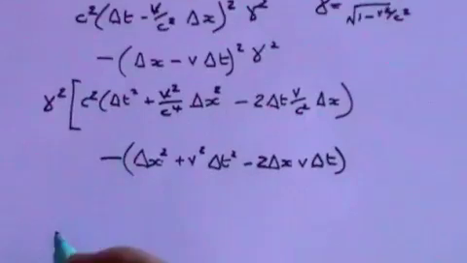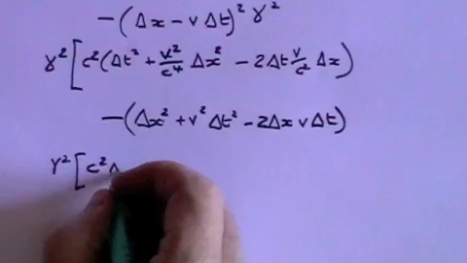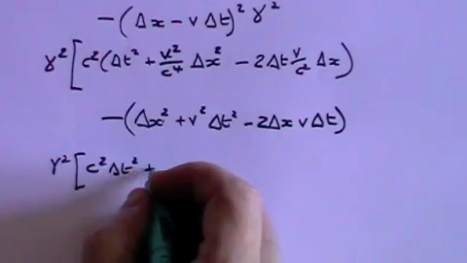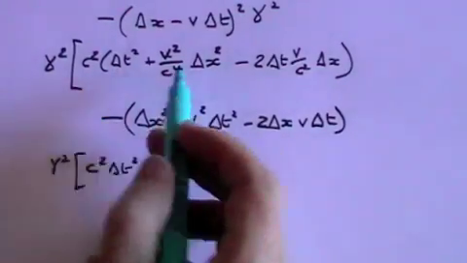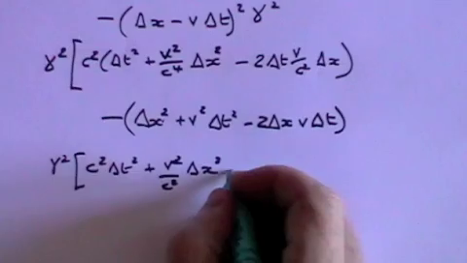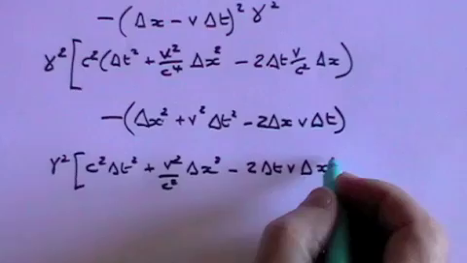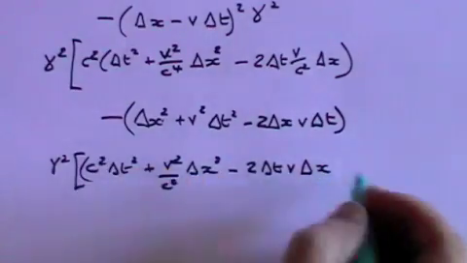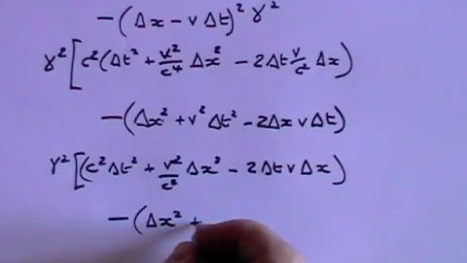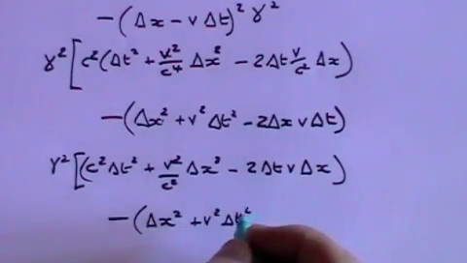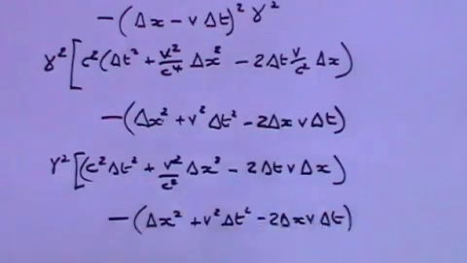So this now just becomes gamma squared still on the outside, c squared delta t squared plus v squared over c squared delta x squared, because the c squared cancels there, minus 2 delta t v delta x, minus this term here, which doesn't change, delta x squared plus v squared delta t squared minus 2 delta x v delta t.